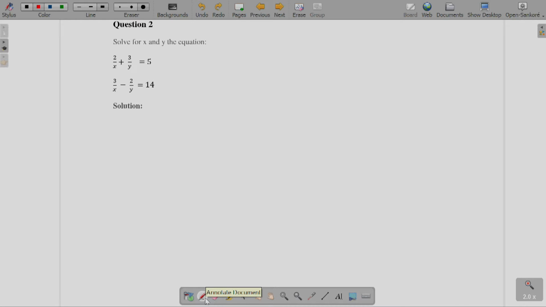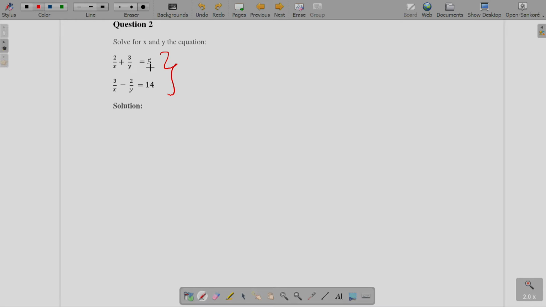So let's move to another question, in which we are required to solve for x from these two simultaneous equations, and we are going to use the method of elimination. In the elimination method, we always eliminate either variable y or variable x. From this example, let's first eliminate the variable x.